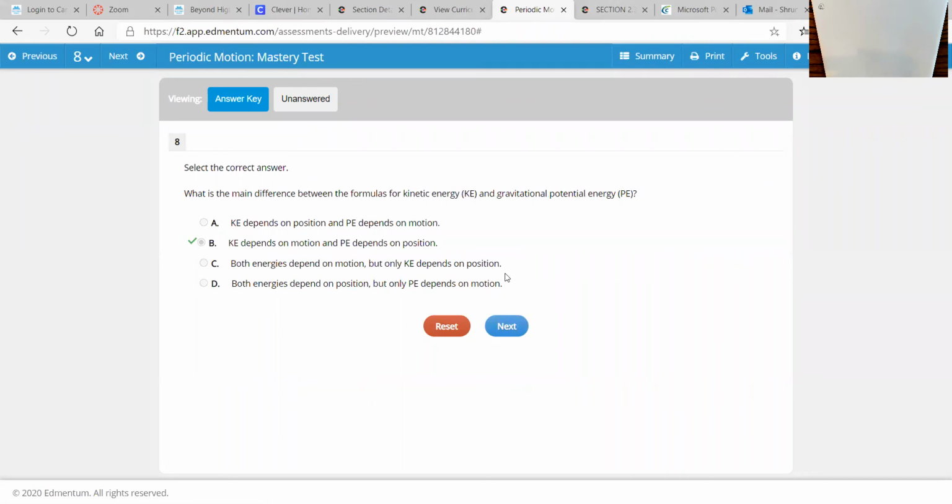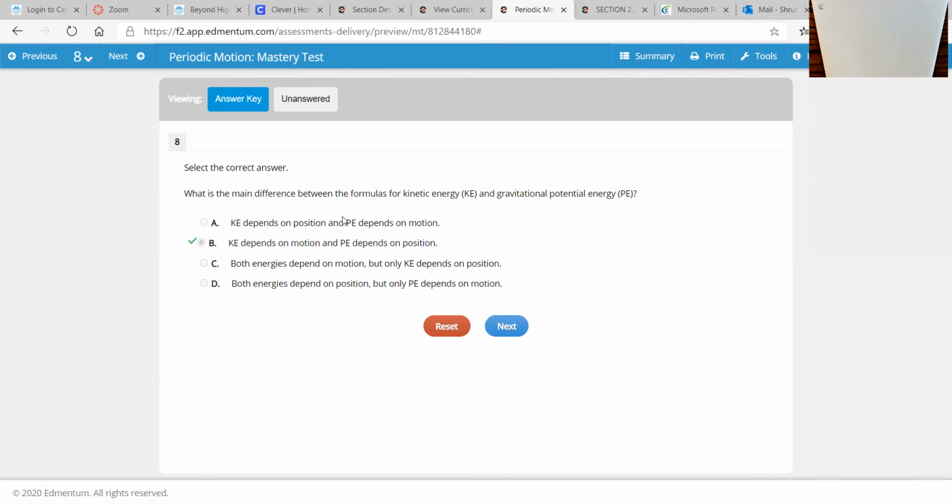What is the main difference between the formulas for kinetic energy and gravitational potential energy? Well, yeah, B makes the most sense. Kinetic energy has to be moving, right, for something to have kinetic energy. And potential energy depends on where the object is.